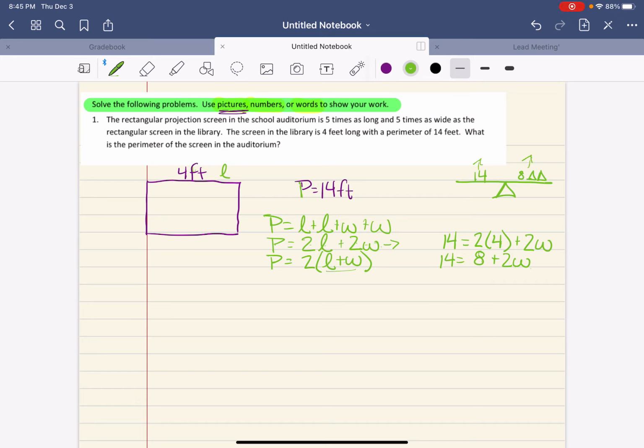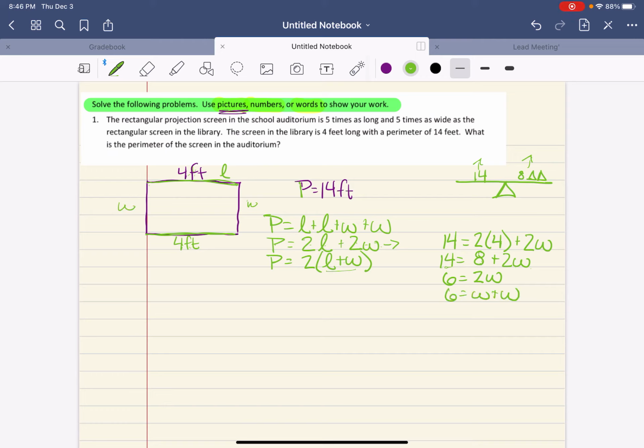So we can take 8 from both sides of this equation, and that covers these pieces of the perimeter. So then we just need to find the side pieces, right? So we've already covered 8 feet, then that leaves us with 6 feet is equal to 2W, or 6 feet is equal to the width plus the width.